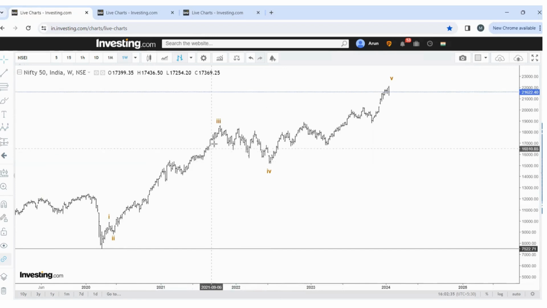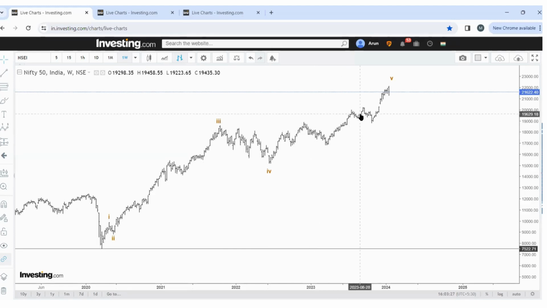Wave 3 most probably will be extended, and we can expect a minimum of 1.618 and above of wave 1. Wave 4 mostly will settle between 23% to 50%. That depends on wave 2. If wave 2 is small, wave 4 can be deeper, even reaching 50%. If wave 2 is bigger, like reaching 61.8% or even below, you can expect a small retracement in wave 4 between 23 to 38%. That depends on the theory of alternation.